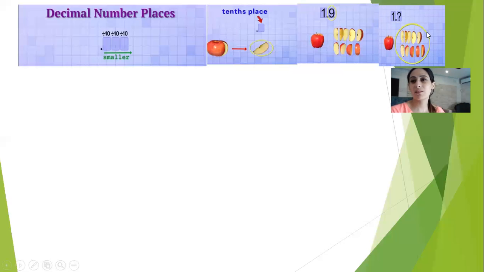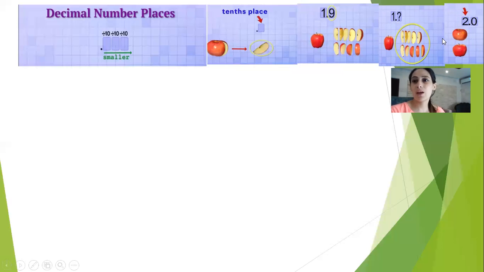Can you answer me? Of course, you will get 2 whole apples now. If you look carefully, we have 2 whole apples and we don't have a decimal part, we don't have tenths. So we have 2 whole apples and there are no tenths here, so 2.0, as if I'm saying that I have 2 whole apples.